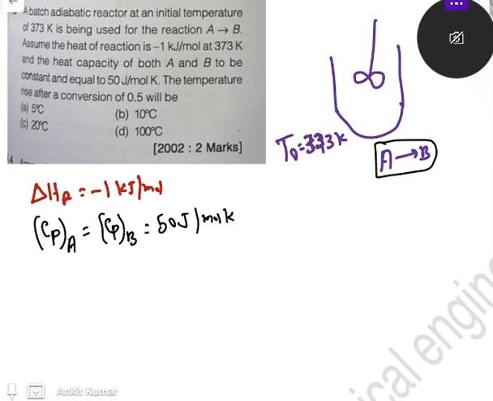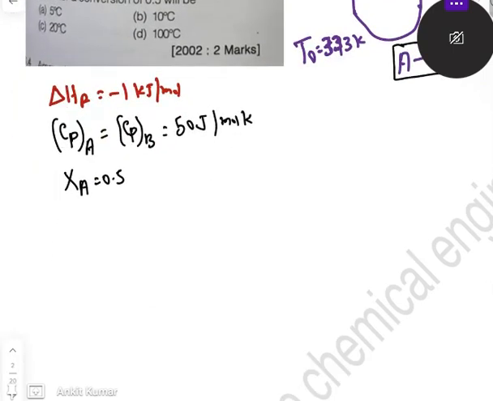The temperature rise after the conversion of 0.5, so Xa is given 0.5. So here this batch reactor is there. Let's try to understand: the heat balance of a batch reactor and a plug flow reactor is exactly similar. So I can write T equals T naught plus minus delta H of R and FA naught.